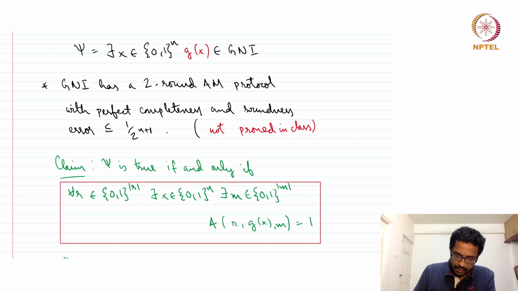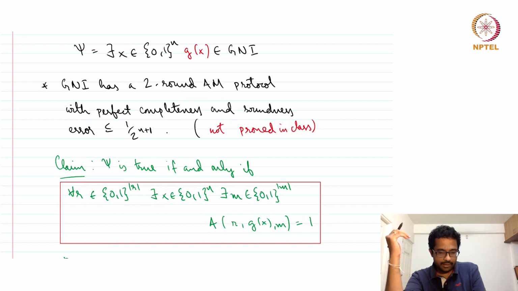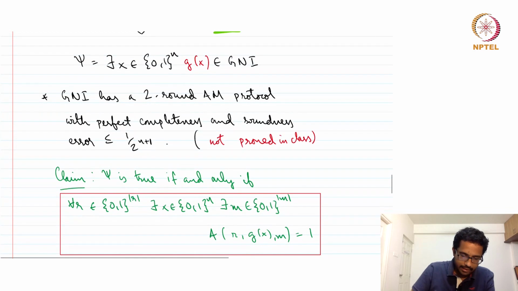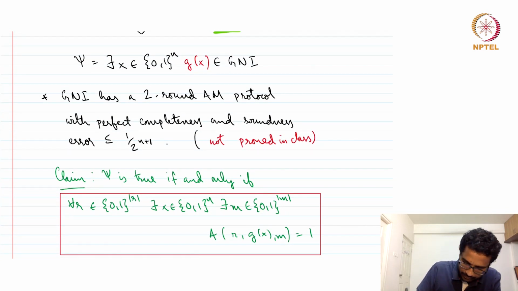Let us rewrite this in another way. All this is known to us, but let us rewrite GNI in another way. What we have here is psi. Maybe I'll put a red box around this as well.